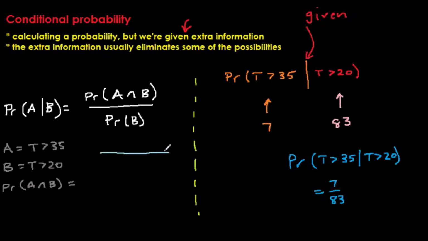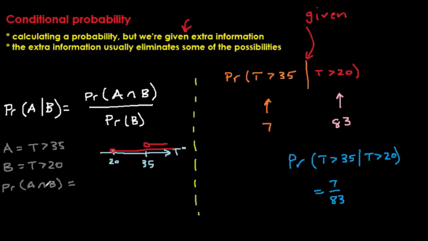If here's my temperature number line, and here is 20 degrees, and here is 35 degrees. Then my temperature being above 20 degrees looks like that. My temperature being above 35 looks like that. They both exist where the temperature is above 35.